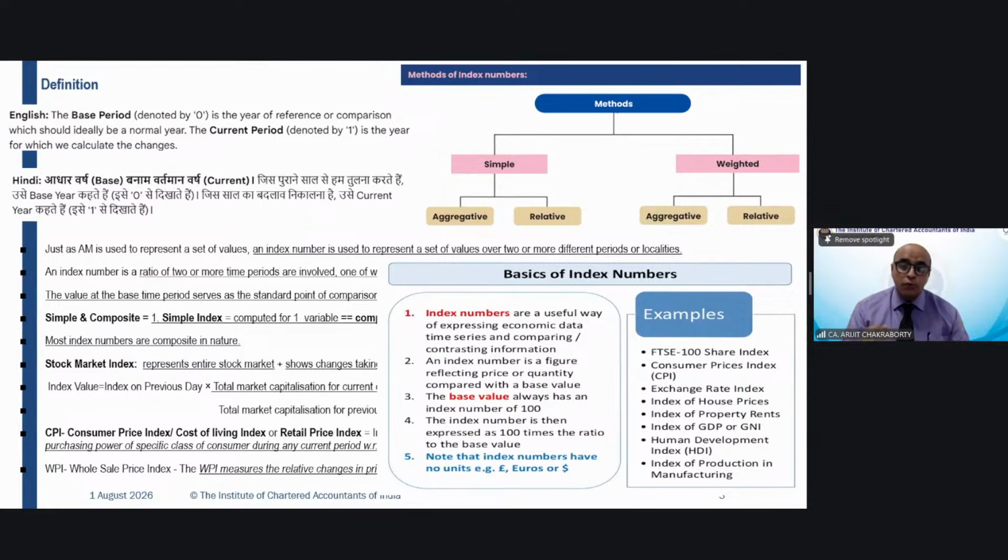And you will find that the government of India, every month, is continuously calculating the IIP. That means they are trying to see the changes in the IIP in the current month or in the current period, like the current quarter or the current year, with reference to the base year or the base period, right? So these are practical examples of index numbers.